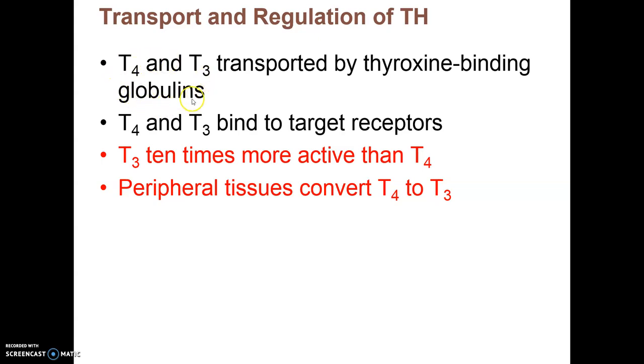T4 and T3 then bind to their receptors on the target cell. Now this is important, which is more active. T3 is 10 times more active than T4, and that is the reason peripheral tissues in our body convert T4 to T3. So know which one is more active, T3 or T4.